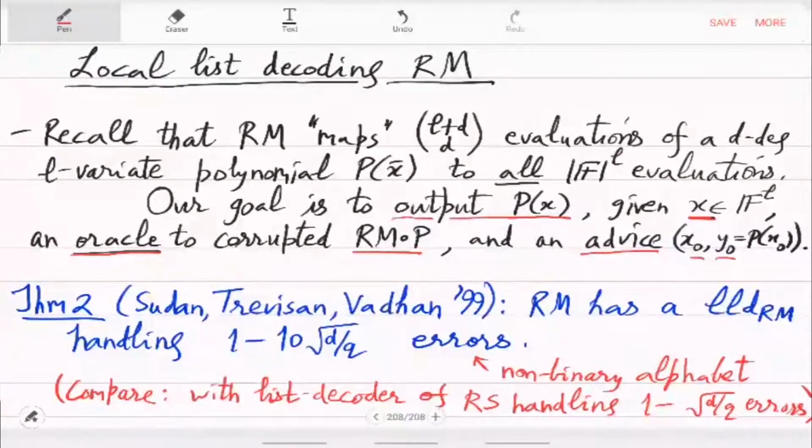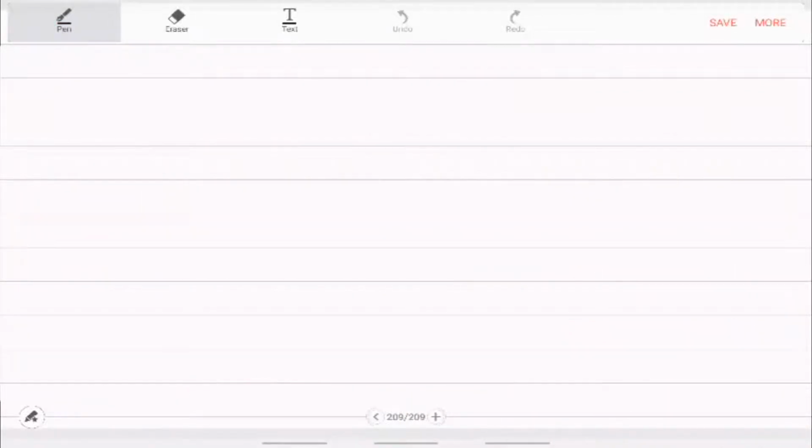Okay, so in that sense there is some restriction here. Reed-Solomon could handle more errors. The Reed-Muller local list decoder is handling fewer, but still it's comparable. Okay, it isn't so bad. It's in fact very good. So again, let's just look at the proof idea. We can't do the whole proof.